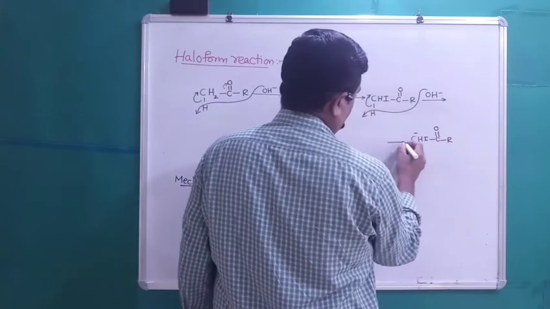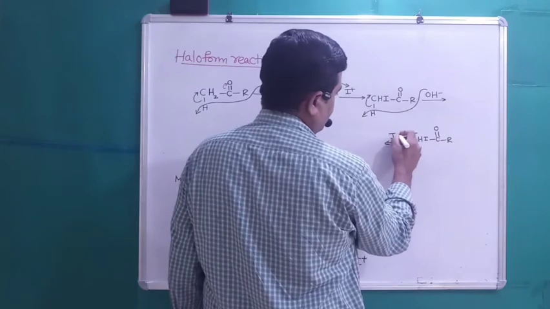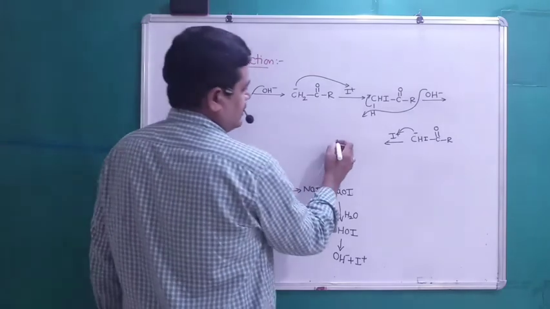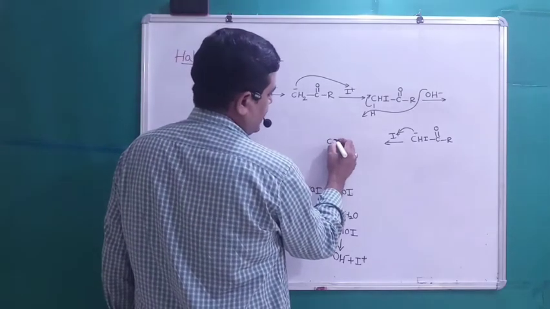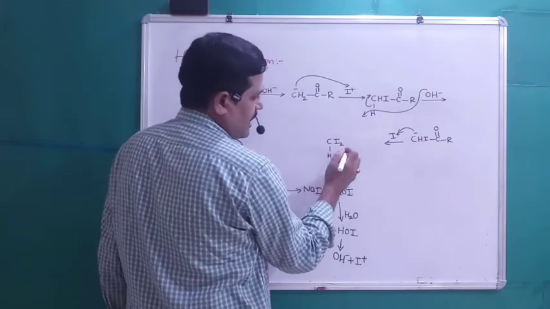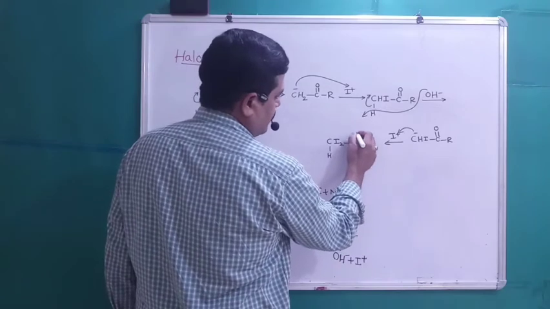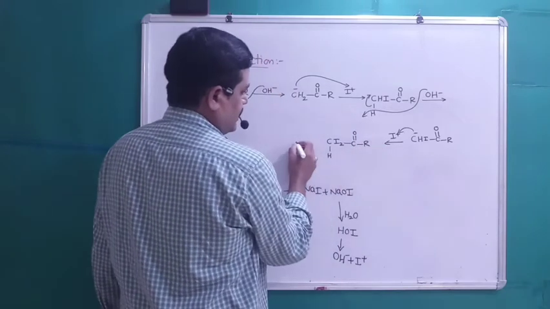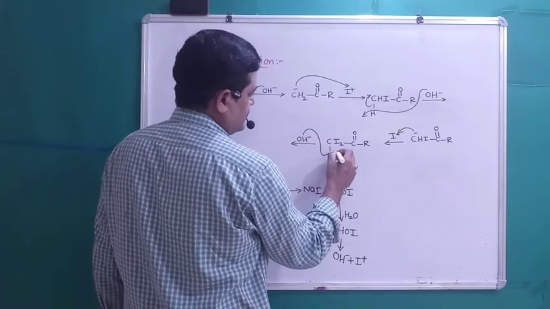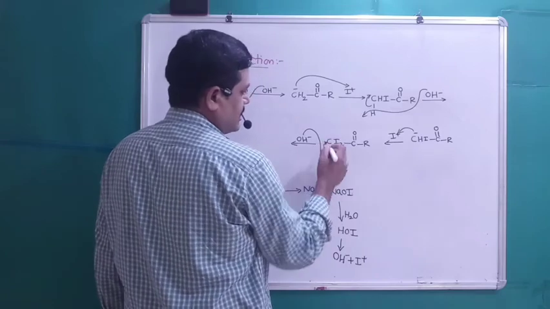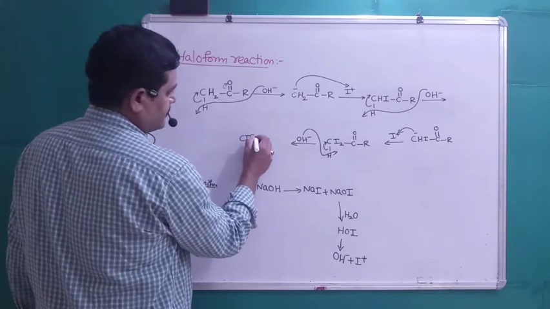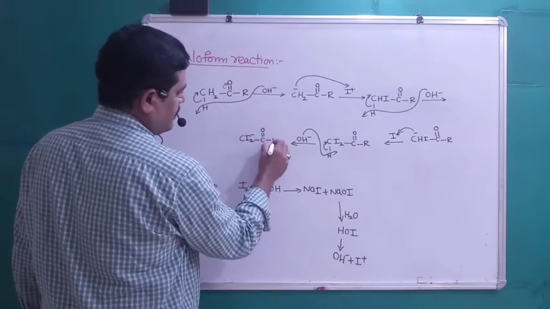Then this takes one more I plus and makes a bond with it, converting to CI2H-C=O-R. Again the base removes the remaining hydrogen as H plus, and the carbon gets a negative charge: CI2 minus-C=O-R.